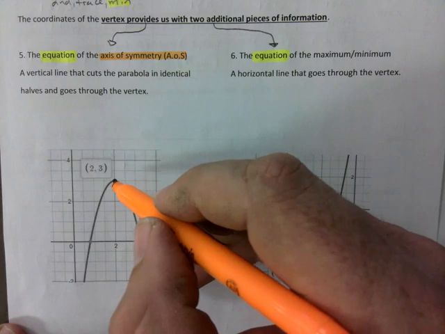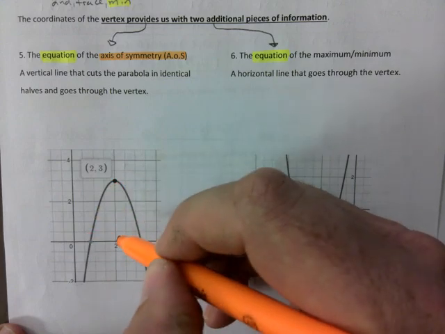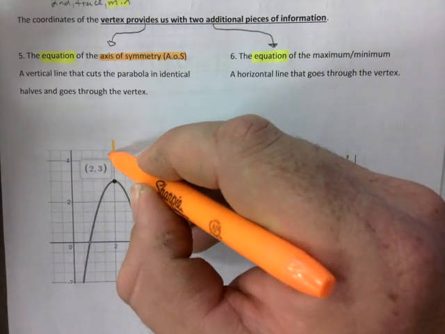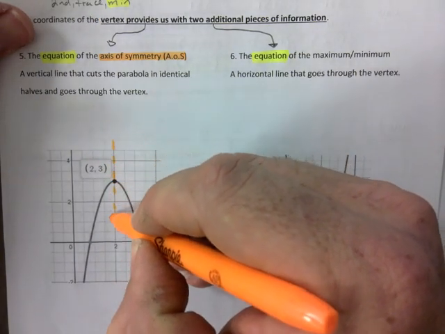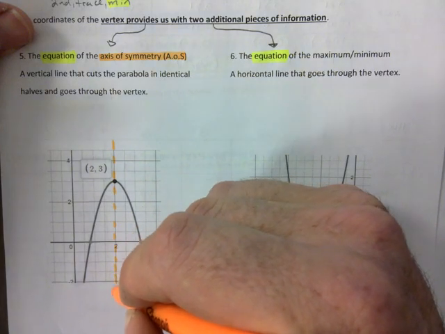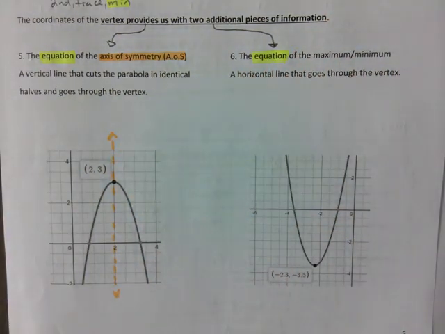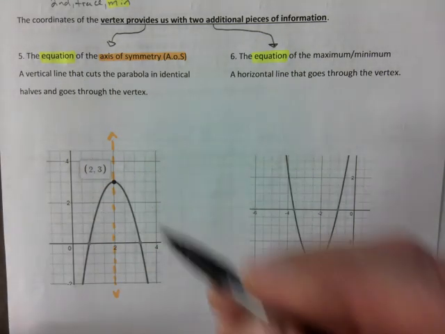You have your vertex right there, coordinates of 2, 3, and this would be the axis of symmetry. It cuts it in half like this. I use a dashed line. Normally when we graph, we will not have it as part of our graph unless you really want to.